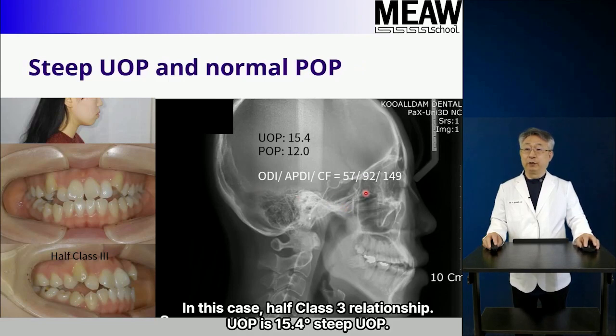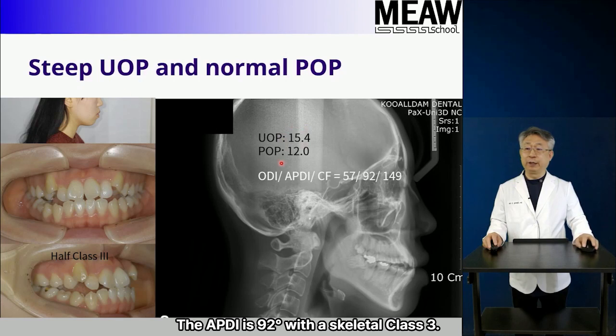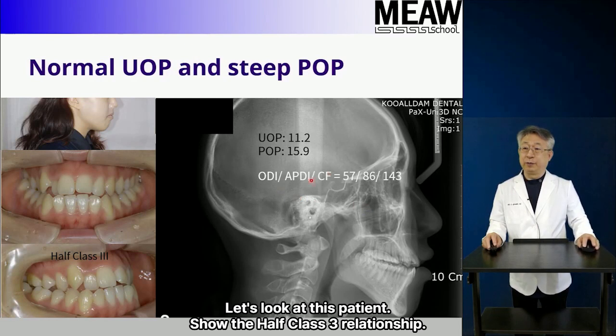In this case, half Class 3 relationship, UOP is 15.4 steep UOP. The APDI is 92 with a skeletal Class 3. Should the treatment be the same? Let's look at this patient showing the half Class 3 relationship.